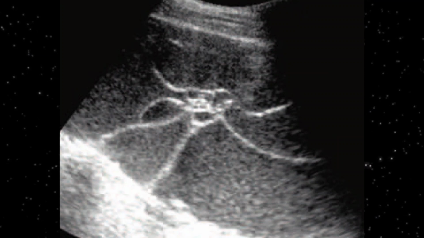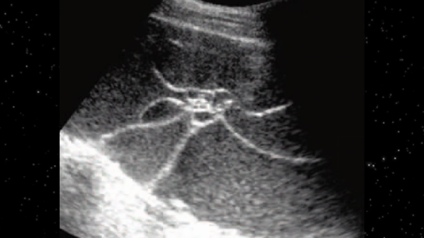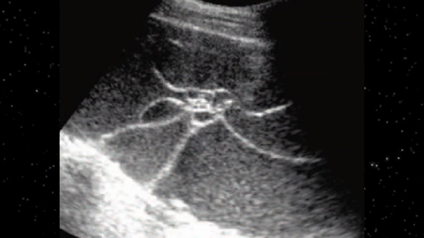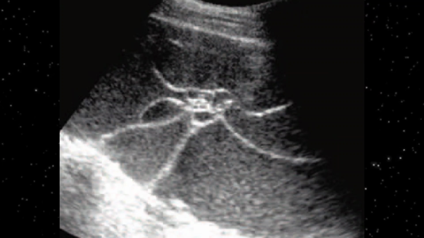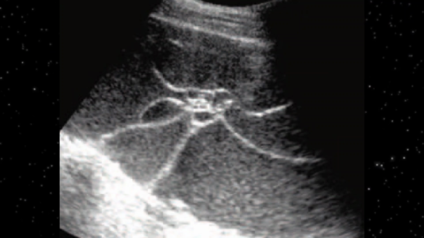If you put the Doppler signal on, there will be vascularity in the septa, unless there are technical issues. But this is mucinous cystadenocarcinoma. So this is a carcinomatous pattern.